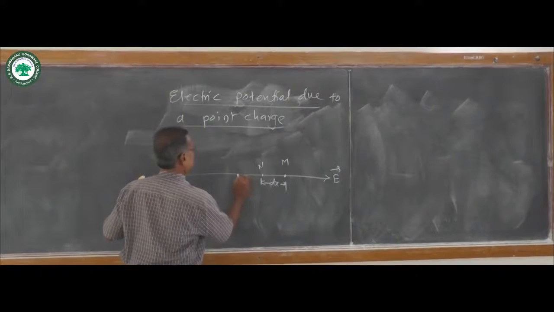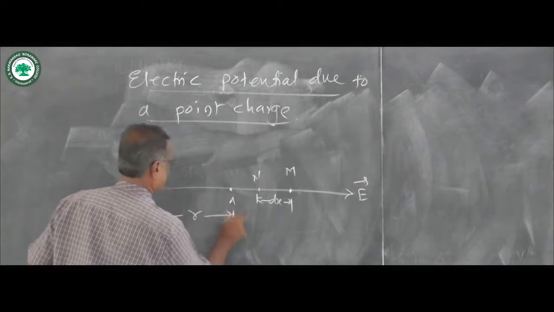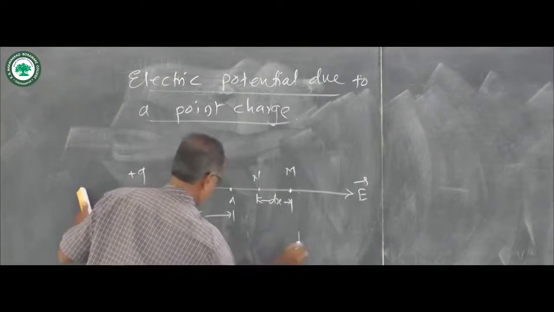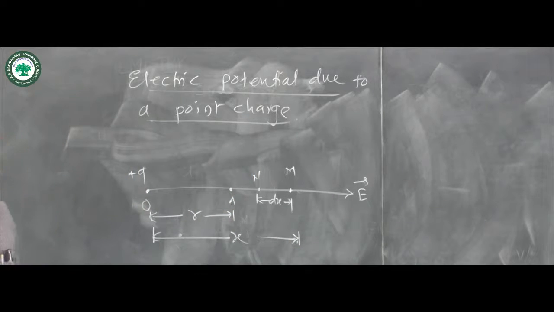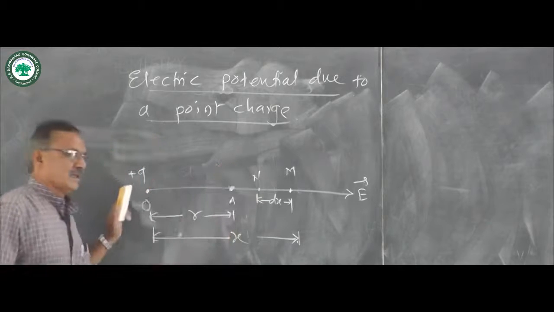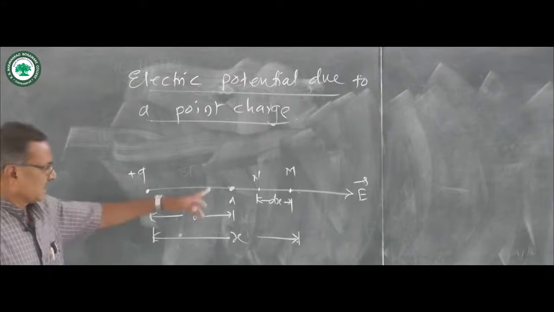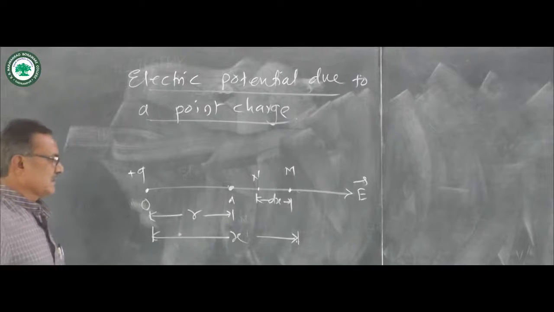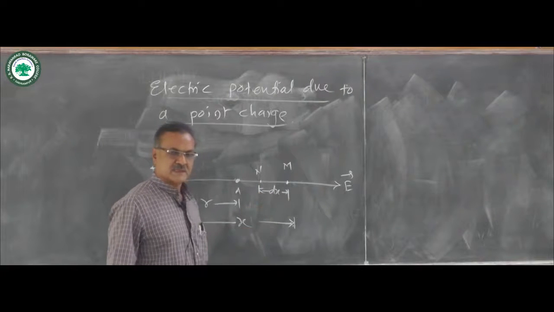Now the distance of another point, suppose A, from O is R, and the distance of point M is x from O. Now we have to find the electric potential at point A. Suppose the charge is situated at point M and it moves towards point N with distance dx.